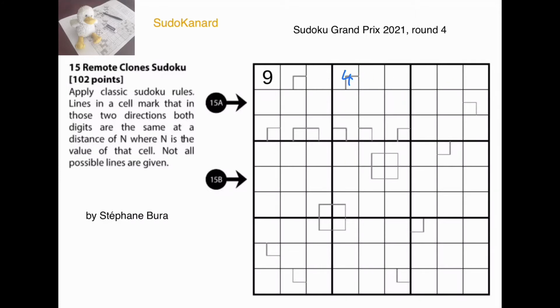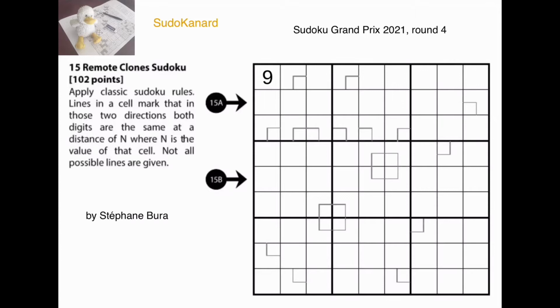So it gives this cell and this cell. And the rule says that those two digits must be clones, meaning that they must be identical. And that's all there is to it, apart from the classic Sudoku rules. And there is no negative rule, meaning that the lack of a symbol does not mean that no symbol could go there.